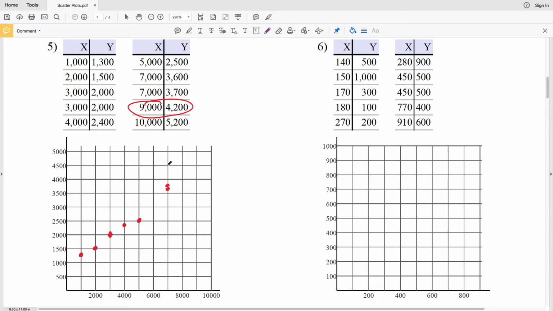And then when x is 9,000, y is 4,200. So finding 9,000 in the x and 4,200 in the y. And then when x is 10,000, y is 5,200. So our points tend to go up for our y values as we go to the right in the x direction. Therefore, it's going to be a positive correlation for number 5.